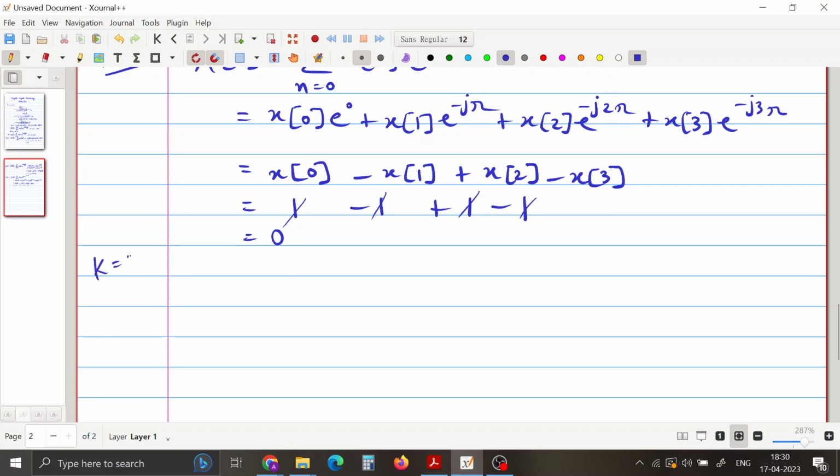Lastly, you take k equals 3, because k goes from 0 to 3, right, up to 3. So the last coefficient would be capital X of 3, and this would be e power minus j 3 pi n by 2.